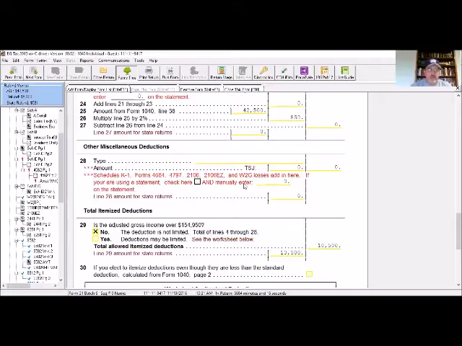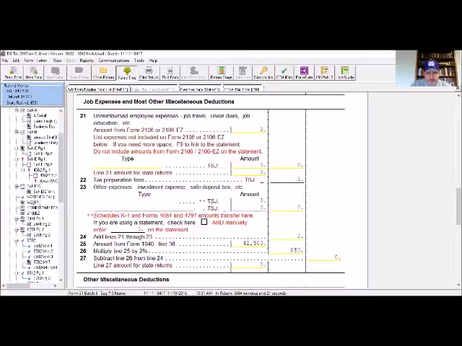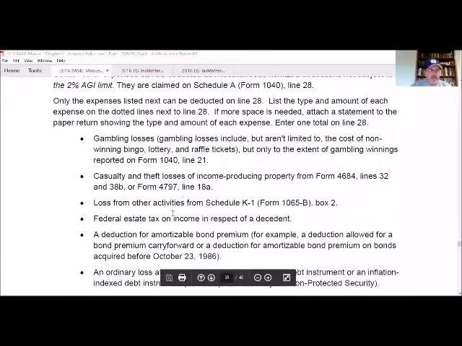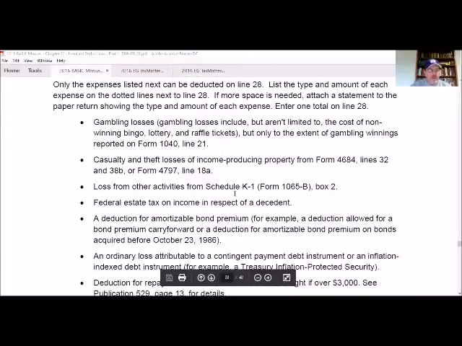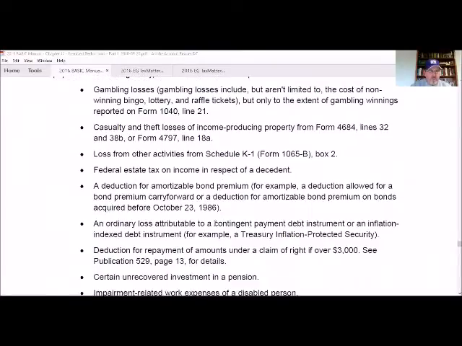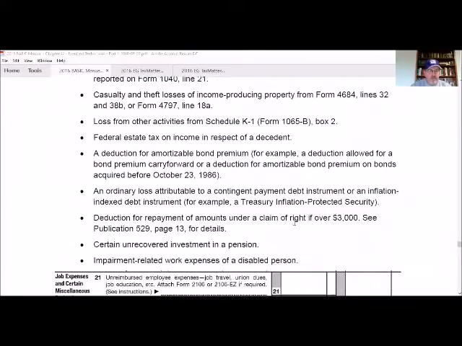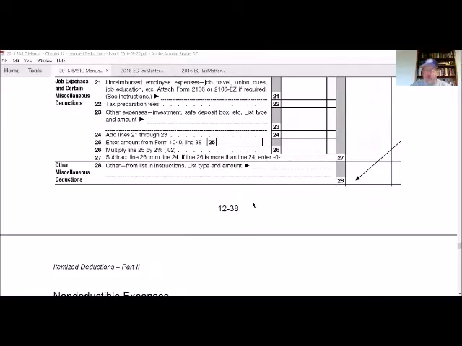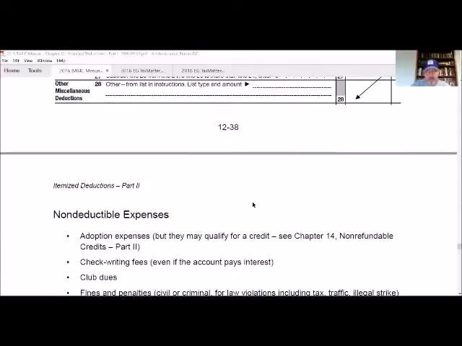So you can see there gambling losses. K1, we'll talk about that when we get to Schedule E's, but those would flow over to those. But the big one we see that's not subject to the 2% is the gambling loss.